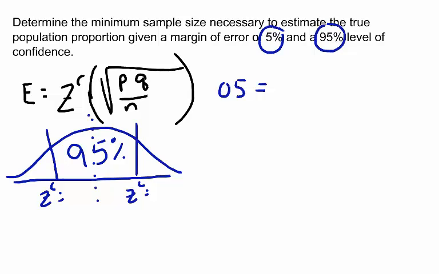And since the model is symmetric, I must have the same amount in each tail. So 95% plus 5% give me 100%, which gives me my total area under the curve. You'll hear it referred to interchangeably as 1 and 100%. So I have 5% left over that needs to be split equally between the two tails. That means I need 2.5% in each tail.